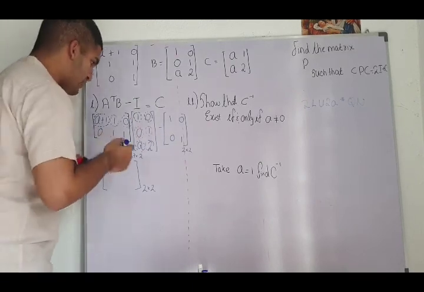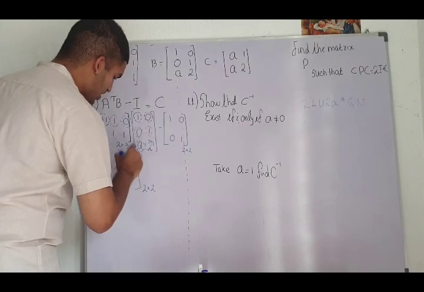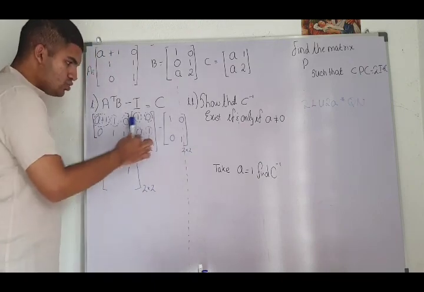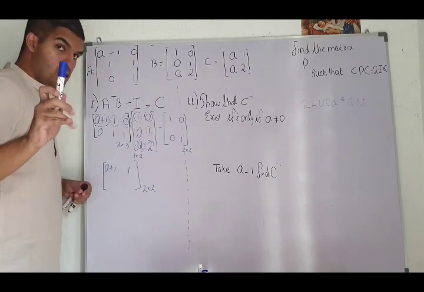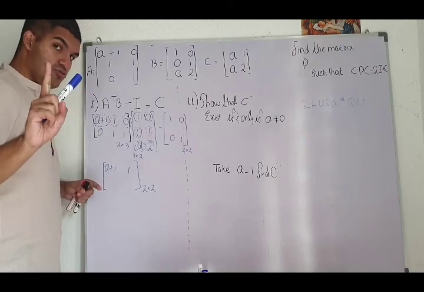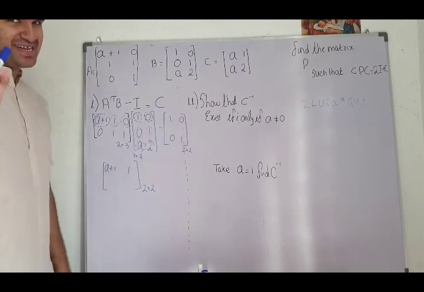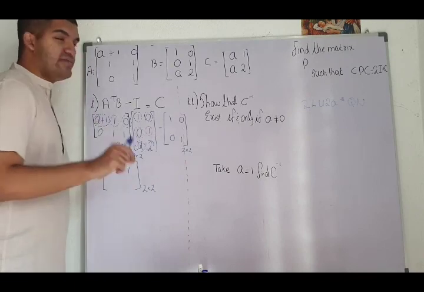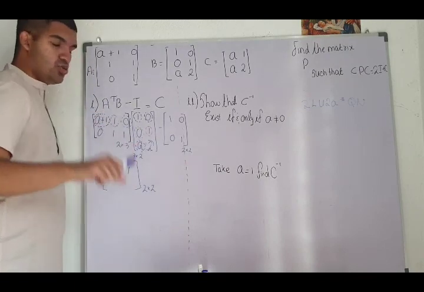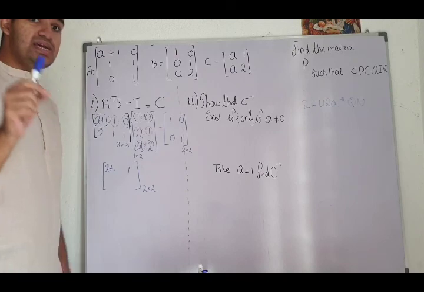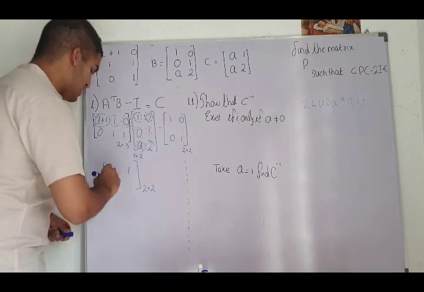So therefore you have 1. 0 into 1 will give you 0. 1 into 0 is 0. 1 into A is A. So therefore you have A right here.